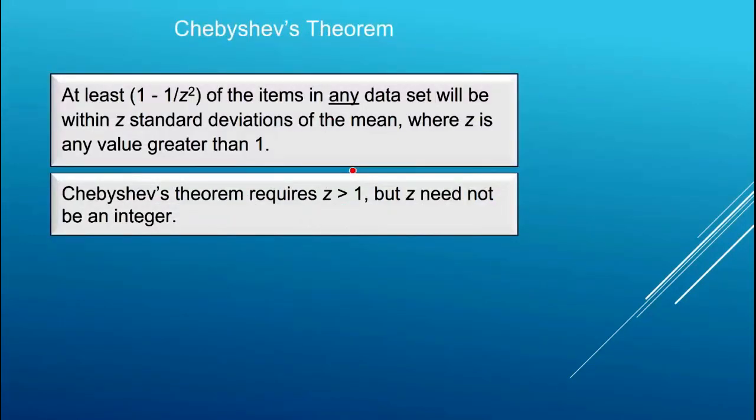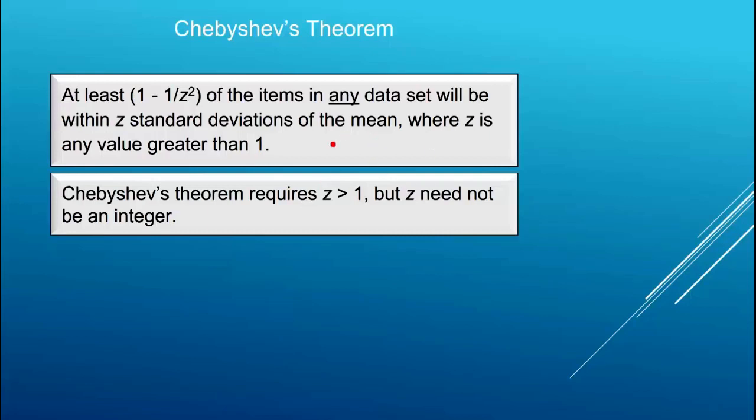Chebyshev's theorem is often very useful for determining the least percentage of data that has to lie within a certain number of standard deviations of the mean. So we use z-scores in Chebyshev's theorem. And Chebyshev's theorem states that at least 1 minus 1 over z squared percent of the items in any data set will be within z standard deviations of the mean, where z is any value greater than 1.